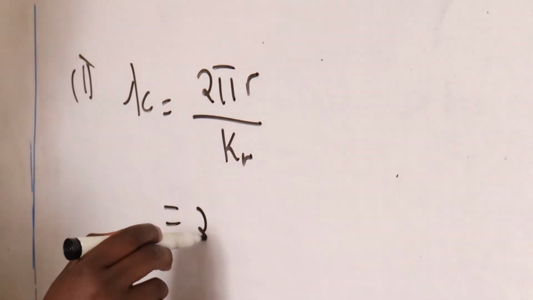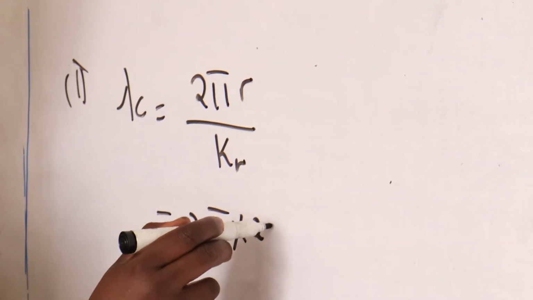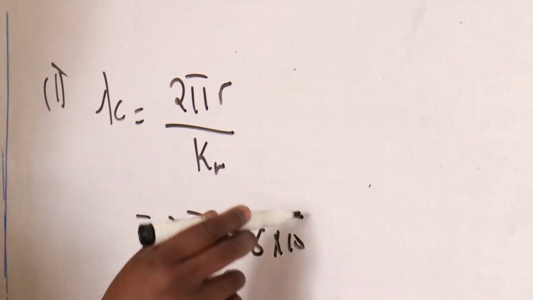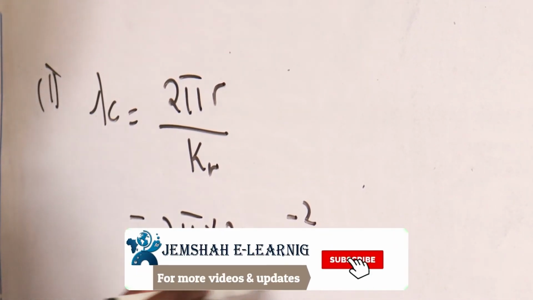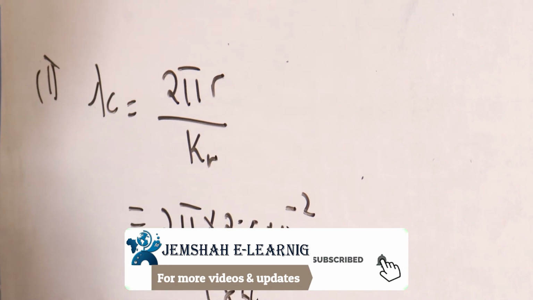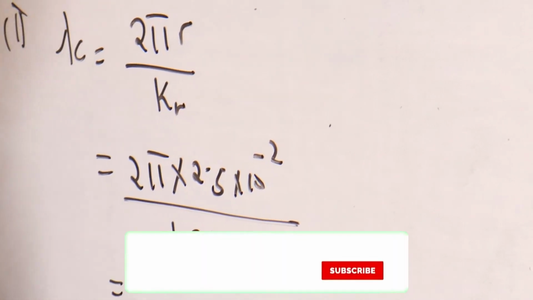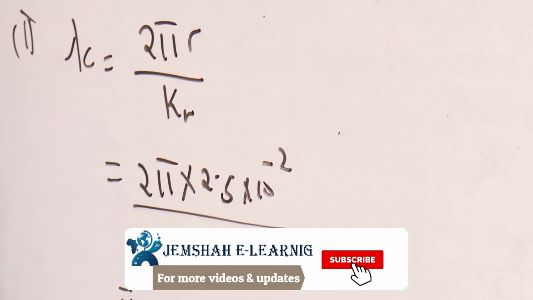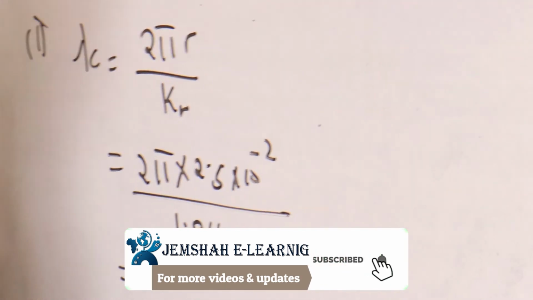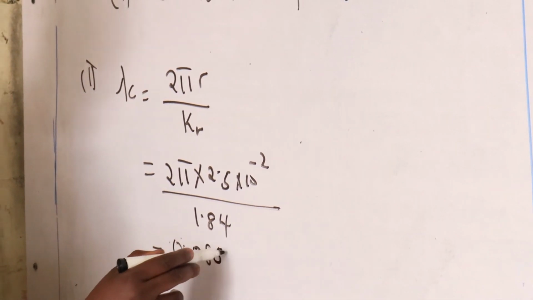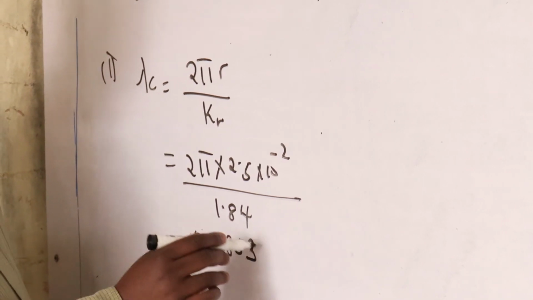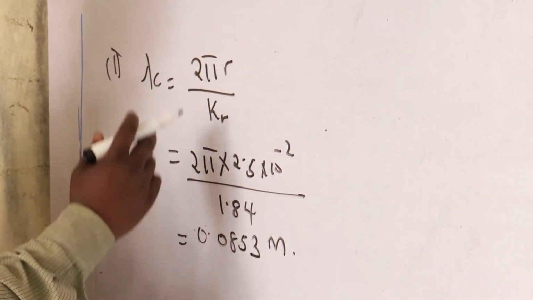This is 2 pi times 2.5 times 10 to the negative 2, because let's change that into meters, over 1.84, which is the Bessel function. This gives us 0.0853 meters.